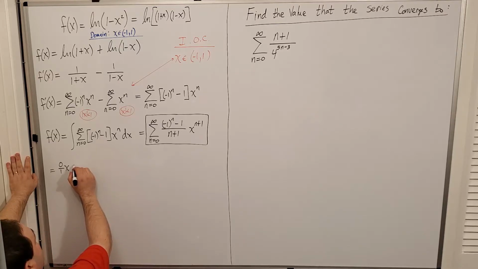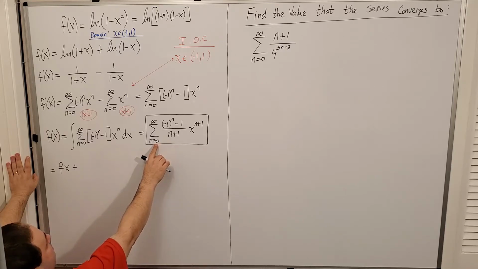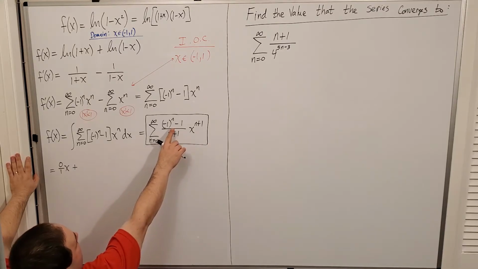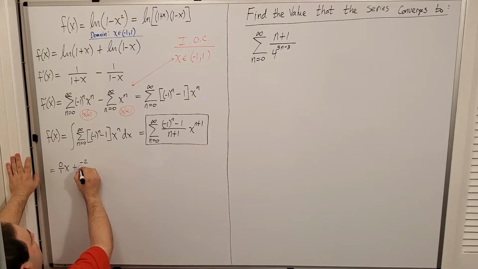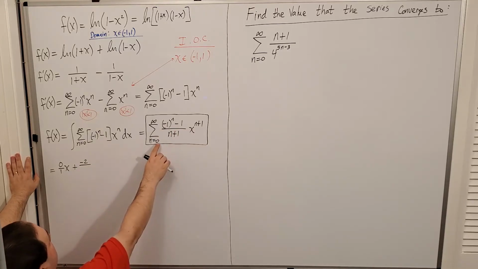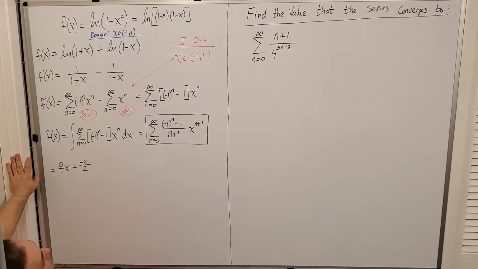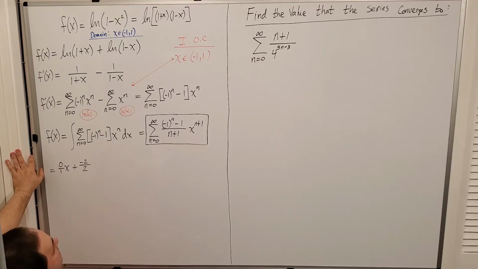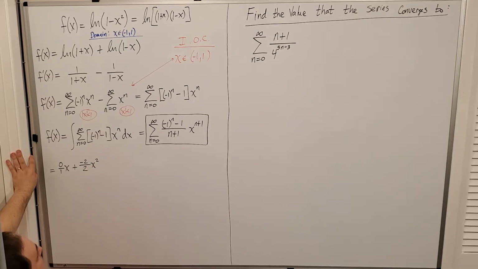Plus, if I let n be 1, then -1 to the 1 is going to be -1 minus 1 is -2 over 1 plus 1 is 2. Okay? Then I'll have x to the 1 plus 1, which is 2, so x squared. Okay?